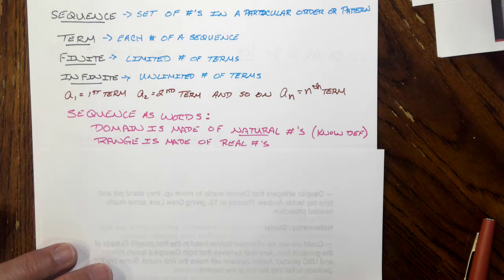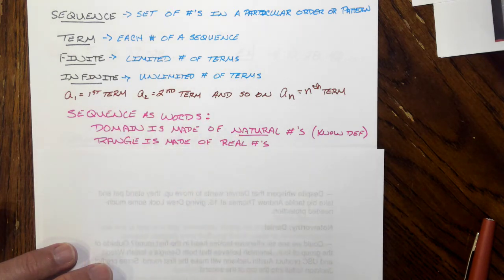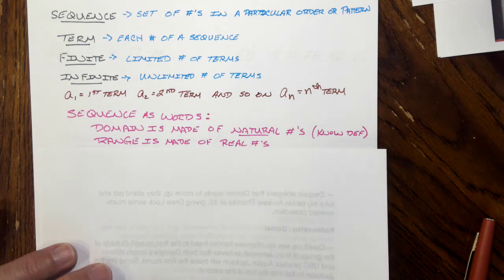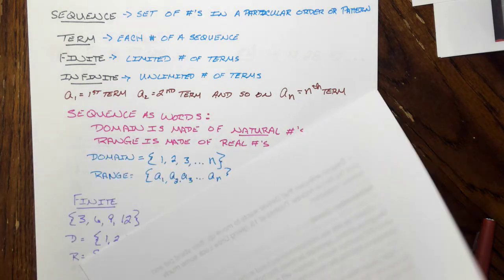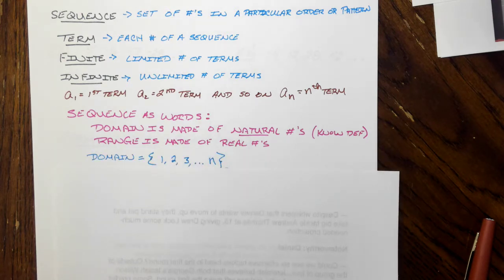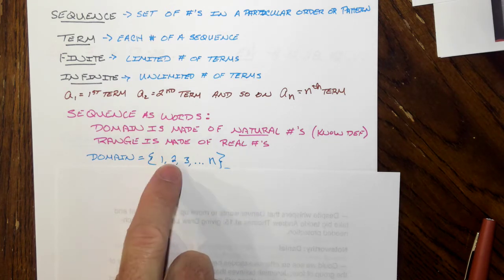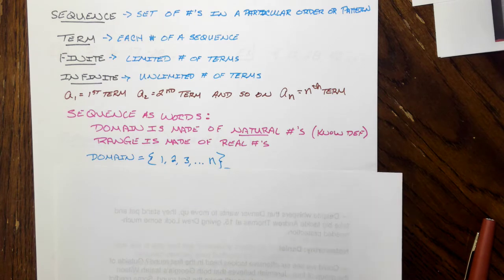So range could be anything. Domain, x values, can only be natural numbers. Keep that in mind, because sometimes you might have to graph as well. So domain and range. Now as we look at this in terms of just numbers, your domain, natural numbers, can only start at 1. No decimals, no fractions. 1, 2, 3, off to whatever.